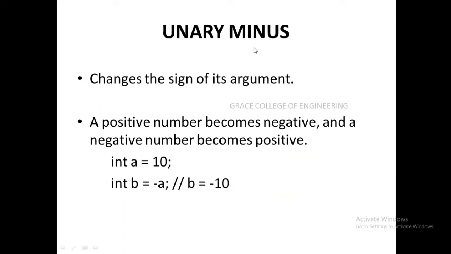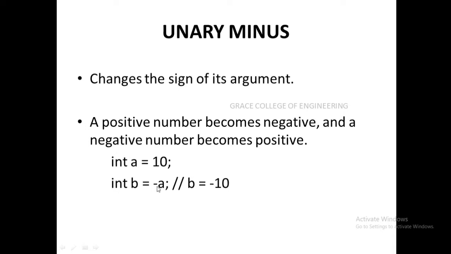This unary minus is going to change the sign of its argument. A positive number will be changed to negative and a negative number will be changed to positive. Consider the example int a is equal to 10. A is assigned a value of 10. In the next line, it is given as b is equal to minus a.